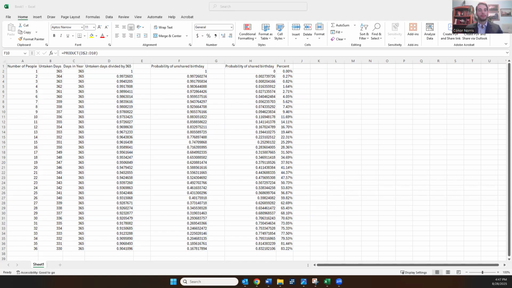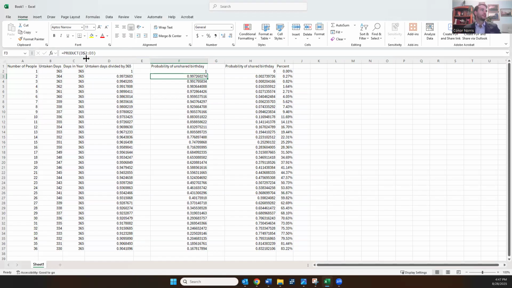But if we want to get the probability of having an unshared birthday, we have to multiply these values together, like I started by talking through. So for the second person, the probability of having an unshared birthday is, let me highlight this so you can see, the product of these two: for the first person, the untaken days, and the second person, the untaken days.